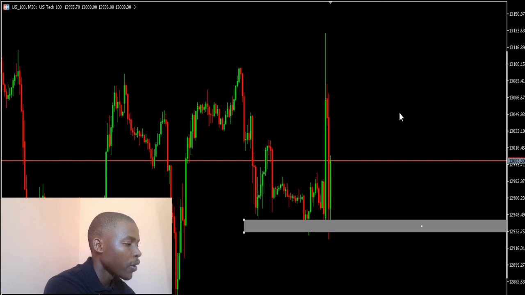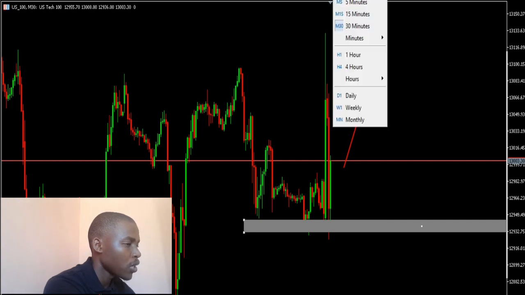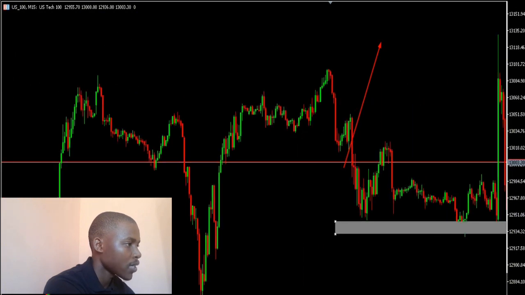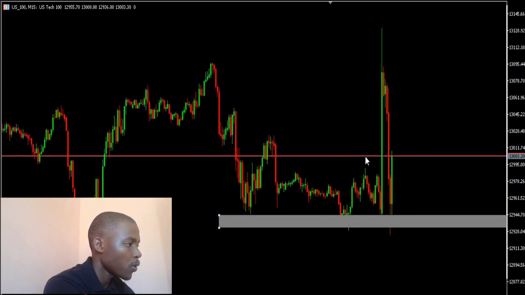What we'll be looking for is for price to form a new candle in order to push all the way up. If you're in this trade, what you're simply going to do is move on to the lowest time frame, which is the 15-minute time frame, and look for possible opportunities.